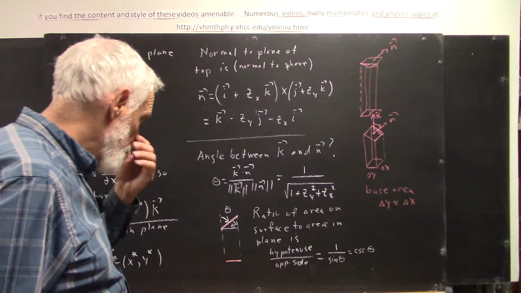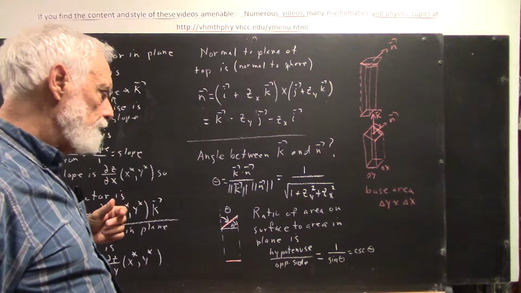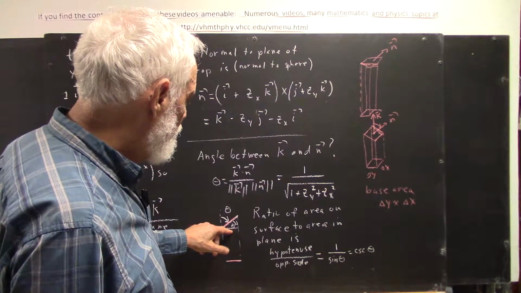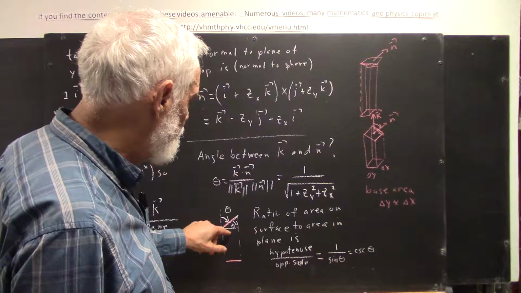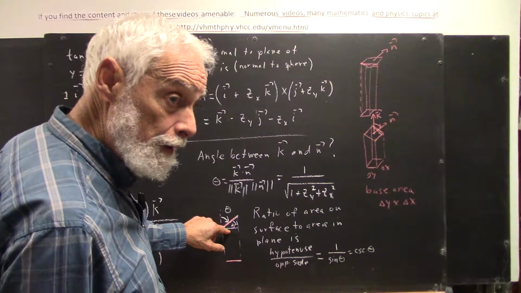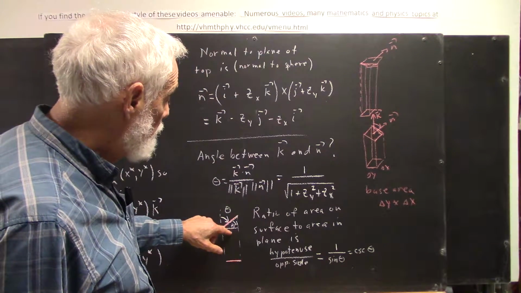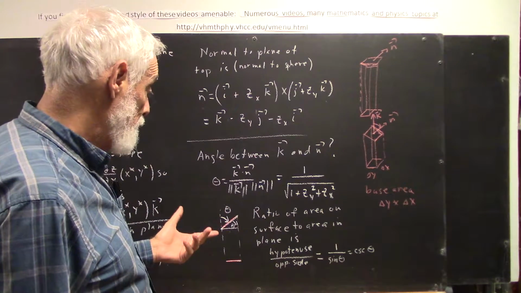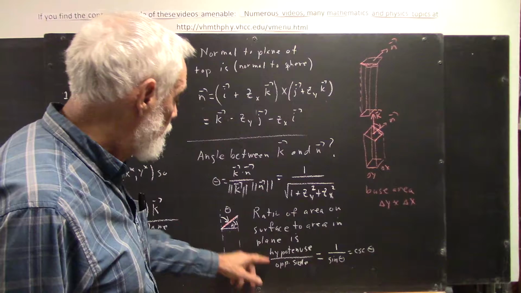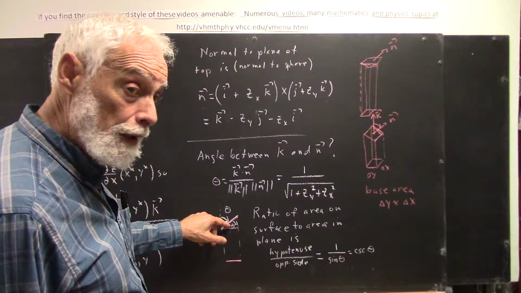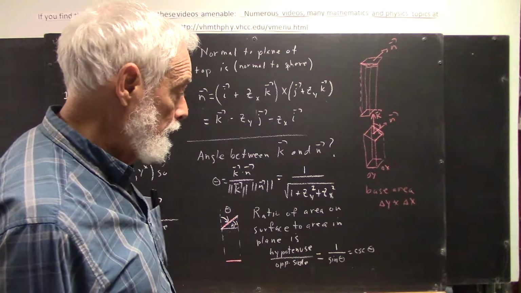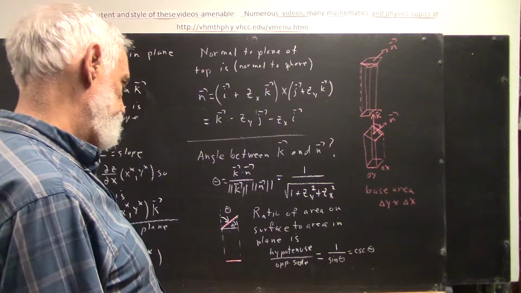So this angle's the same, and this side is opposite the angle theta, so the ratio of this side to the hypotenuse is the sine of theta. So the ratio of the hypotenuse to the side opposite angle theta is the reciprocal of sine theta, and that's cosecant theta.